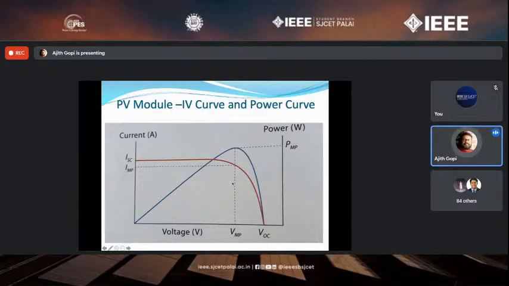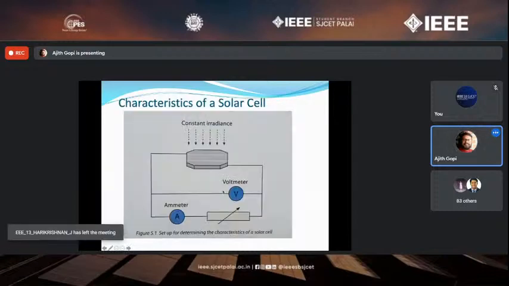If any solar module, smaller capacity or bigger capacity, you take any solar PV module, on the back side you could see a small DC label there, and there you will have these things. You can read out these things. Okay.